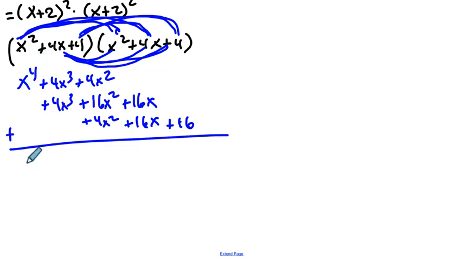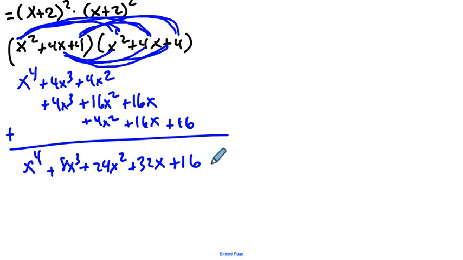Okay? So we get x to the power of 4 plus 8x cubed plus 24x squared. 16 and 16 is 32 more, so that's 32x and plus 16. And nothing can be combined together because, again, they don't have the same variable and exponent.